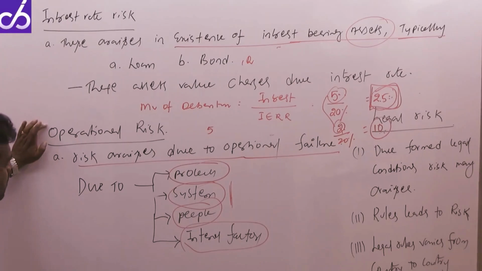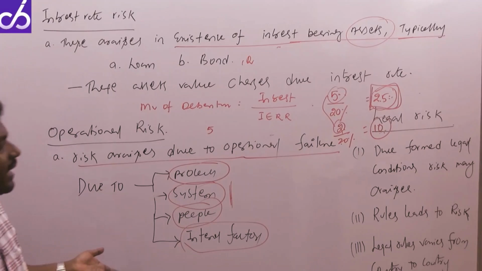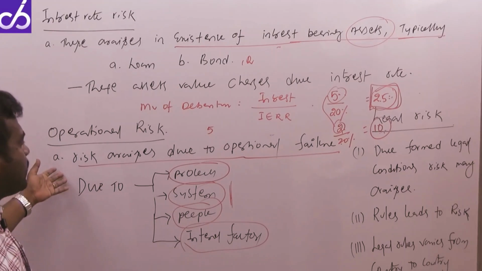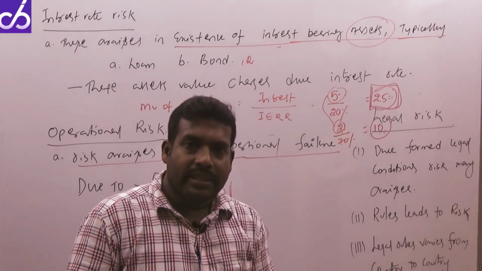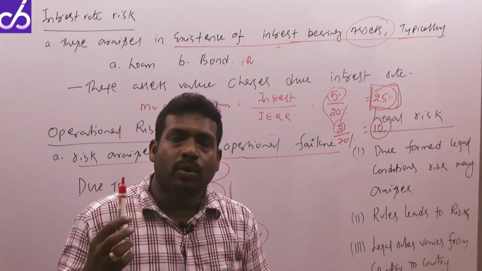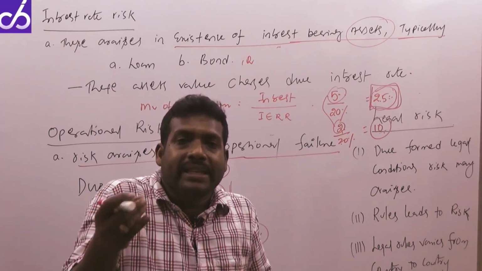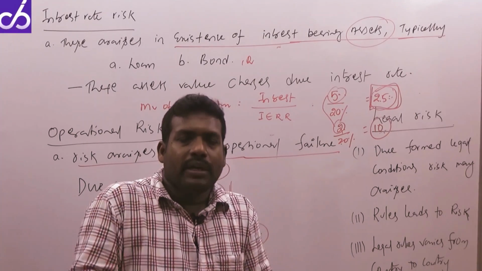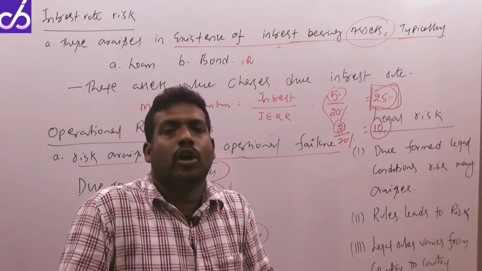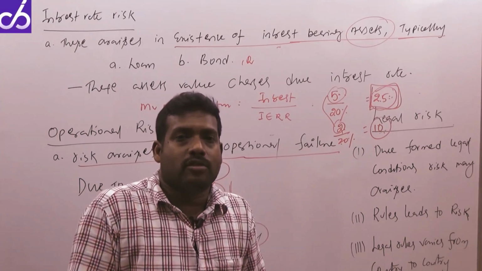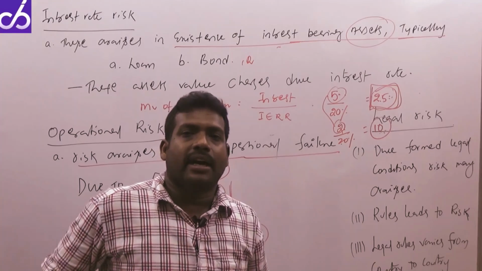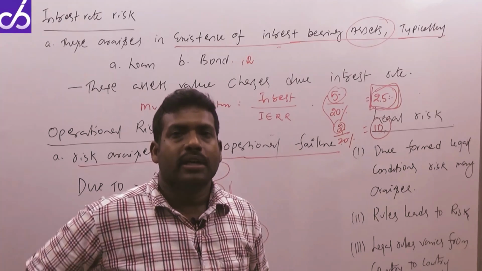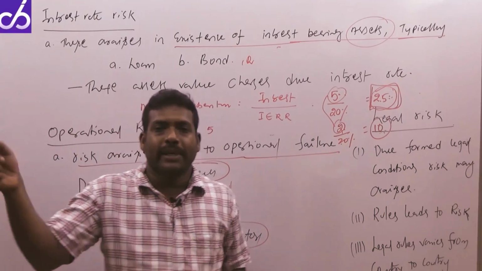So if a risk element arises because of this, such a risk is called operational risk. For example, if you don't maintain proper records, there may be missing pages in documents, which also causes the biggest loss. Today in one case in the High Court, the CBI court, they said that one of the files is missing.